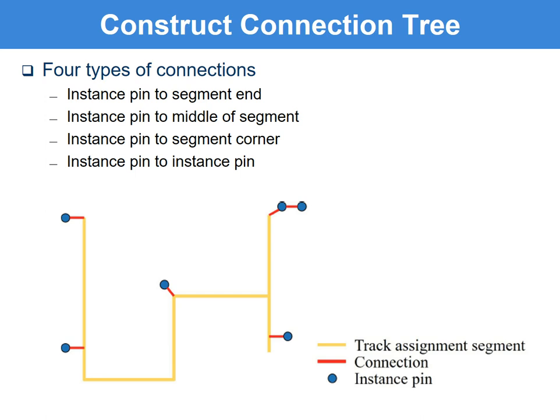To achieve this goal, the idea of constructing a minimum spanning tree is used. The resulting minimum spanning tree is used to classify the connections between pins and segments into 4 categories, namely instance pin to segment end, instance pin to middle of segment, instance pin to segment corner, and instance pin to instance pin.